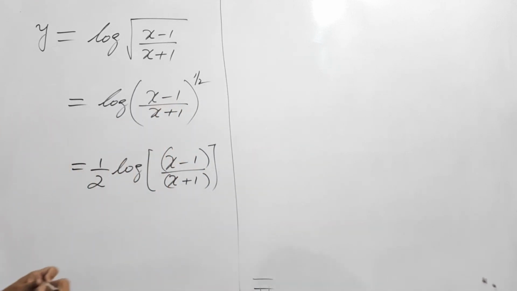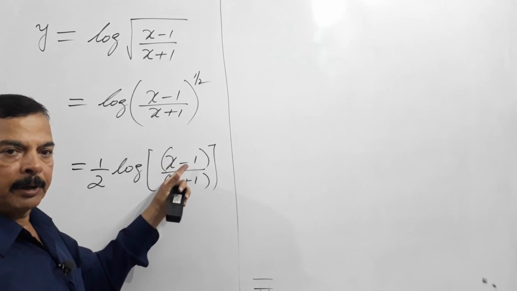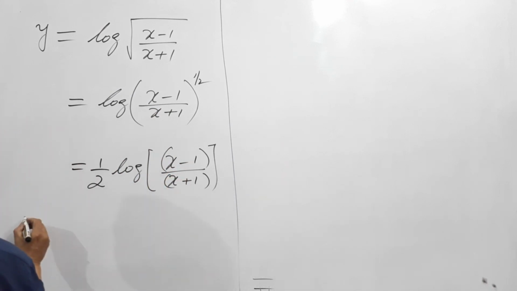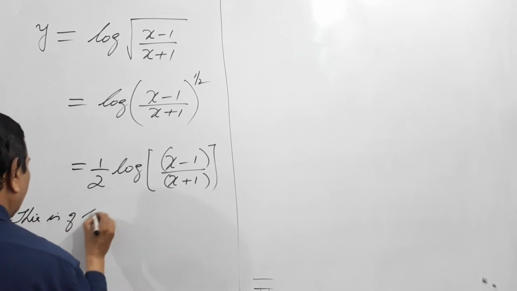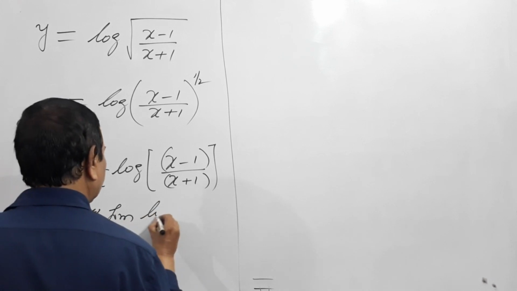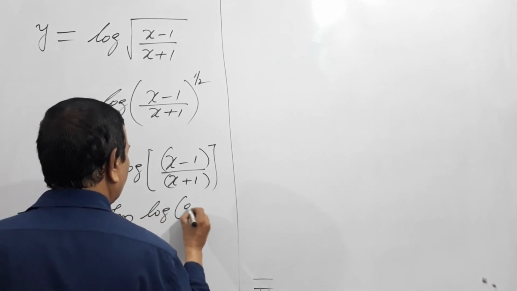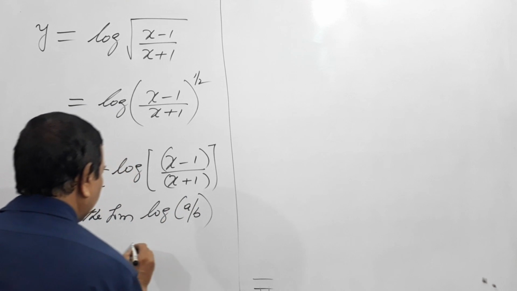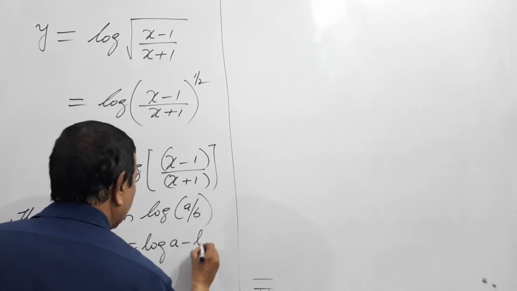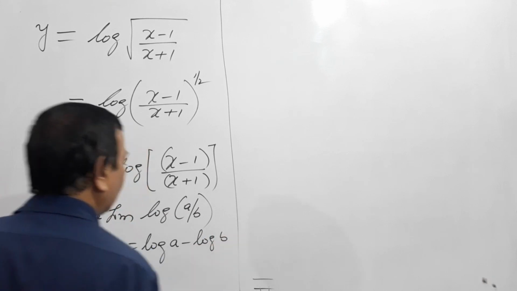Now this is of type log a by b, which is nothing but log a minus log b.